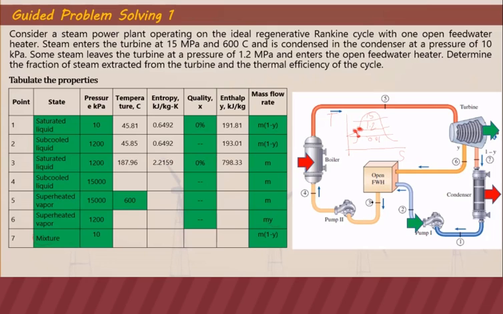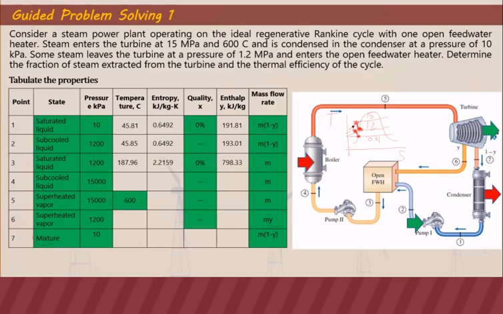And then we have 3 to 4, which is pumping again. We pump it from 3 to 4 at the pressure of the boiler, which is 15 megapascal. So the pressure line looks like that. That's pumping, an isentropic process, so we have a straight line once again, and then we have it here.